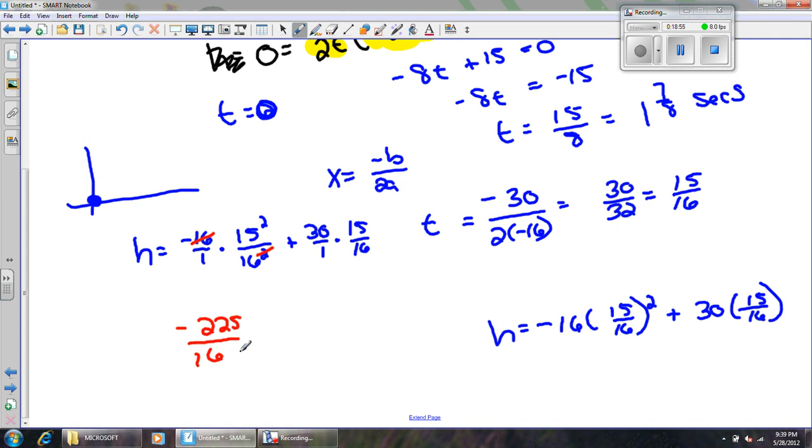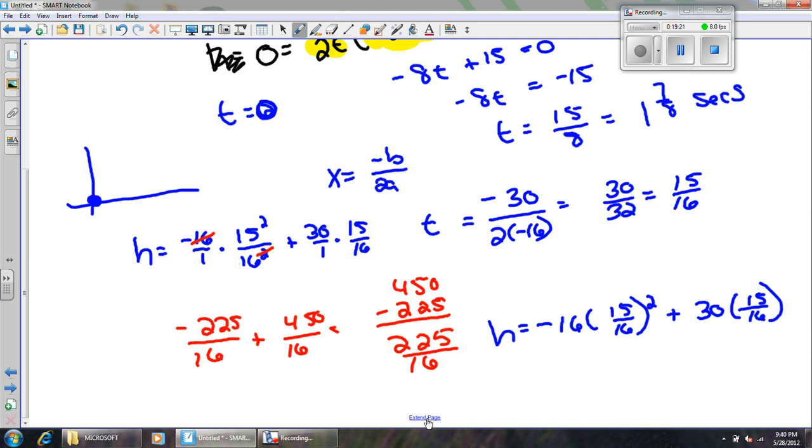So I'm going to call that 450 over 16. So I got 450 minus 225. It's going to be 225 over 16. Now that answer doesn't really make any sense.